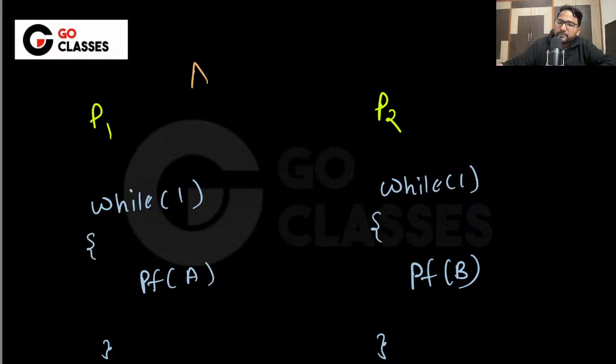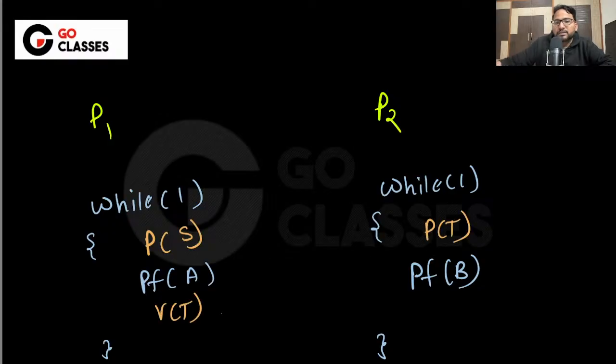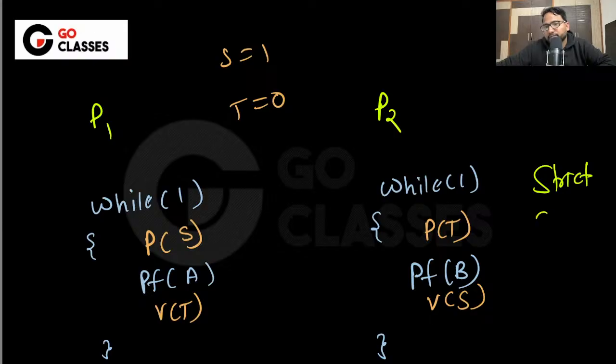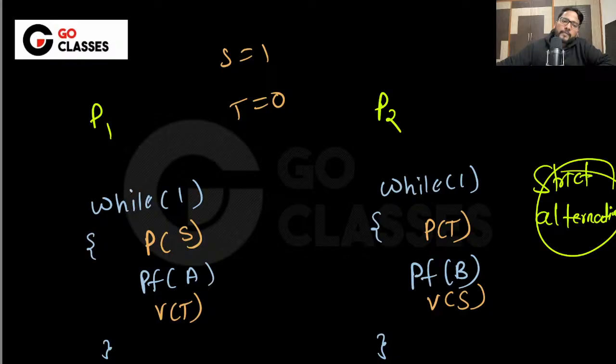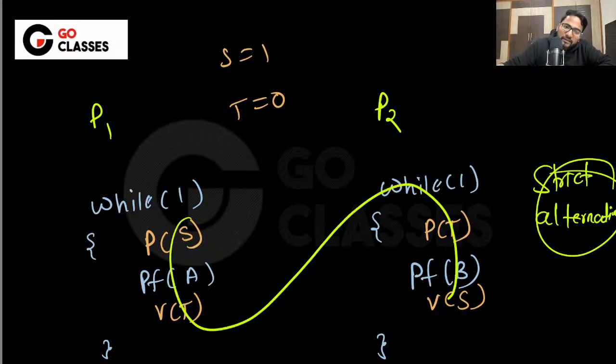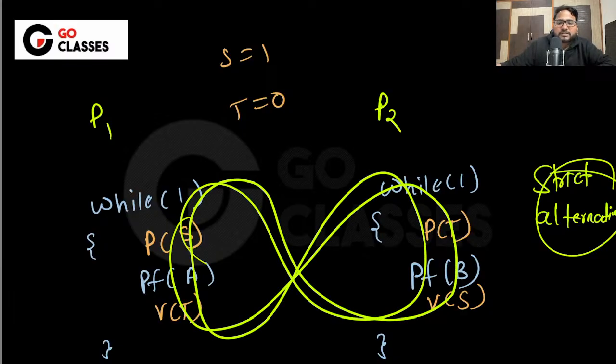Then we have seen that we can put p of s, v of t in one process, and p of t, v of s in the other, with s initialized to 1 and t initialized to 0. If you do so, then this is a strict alternation, isn't it? Which means a b, and then a b, like this.